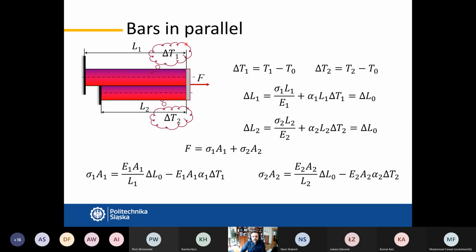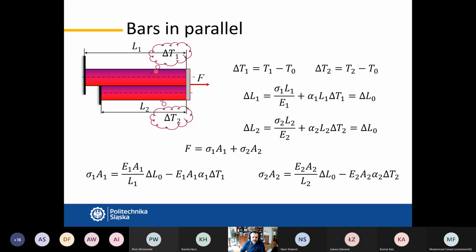We have two members, two bars in parallel. They are fixed at the left end, and on the right-hand side they are joined together by a rigid plate, so they cannot deform independently.